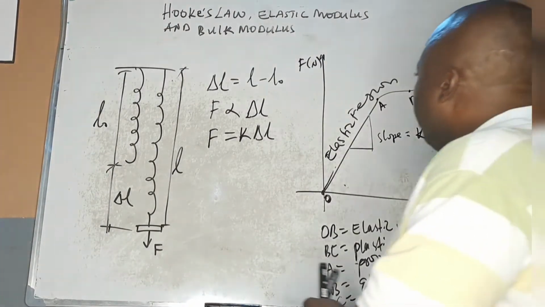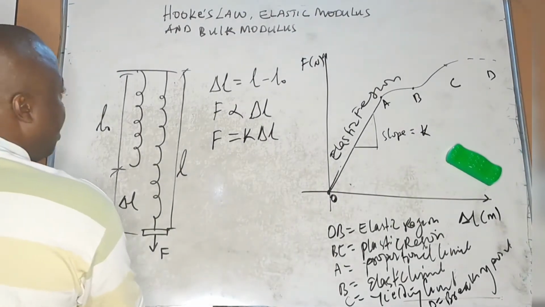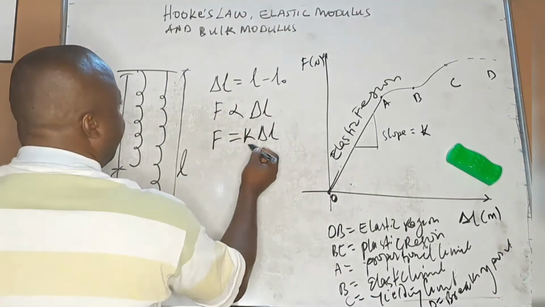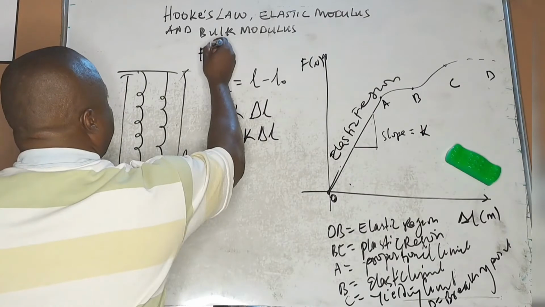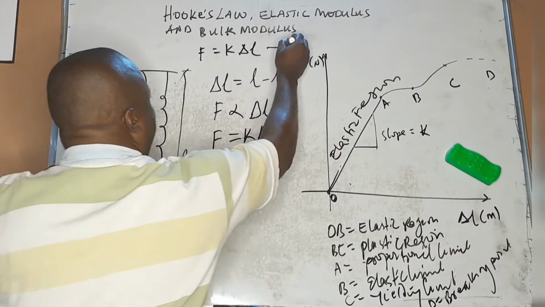Now, let's keep this formula here, F equals K times change in length, which is Hooke's law.